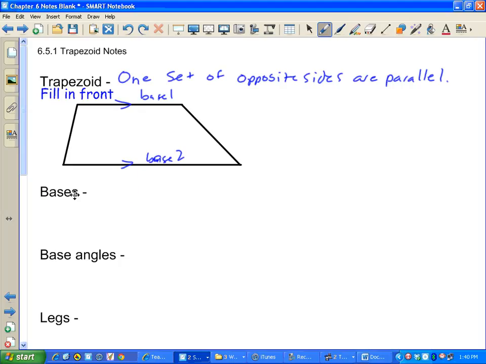There's base angles, and there's two sets of base angles. So these angles together down here, since they're sitting on base 2 together, they're base angles together. These angles up here are another set of base angles because together they're on base 1. The legs are the non-parallel sides.